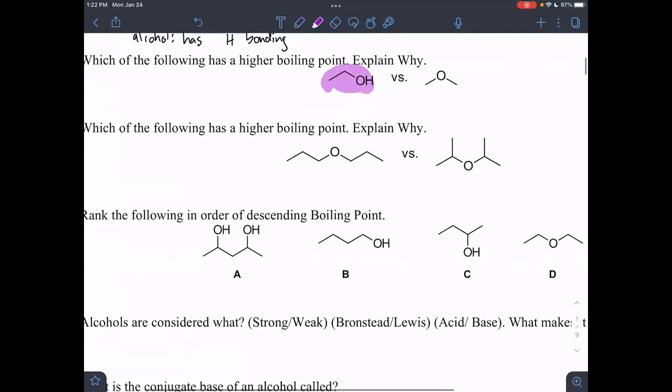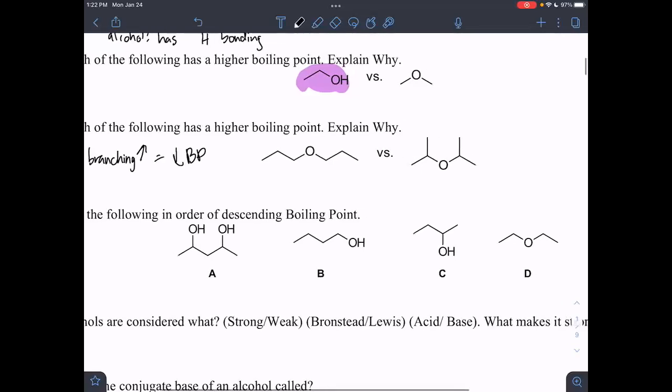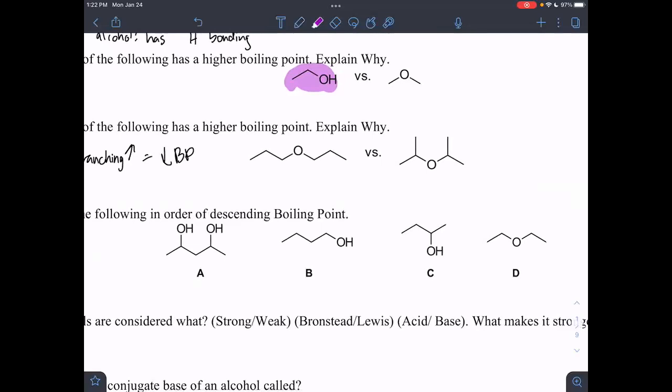Now for this one, do you remember the effect of branching on boiling points? Yeah, the more branching you have, the lower the boiling point is going to be. So which of the two has more branching? Yep, so which one has the higher boiling point? Exactly.